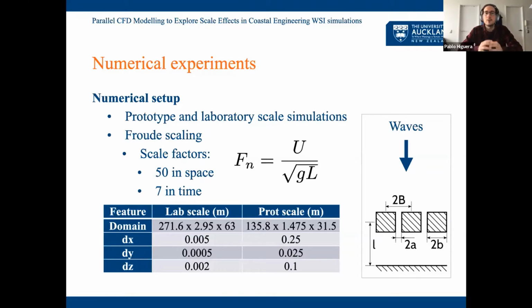So that means that if we blow everything 50 times in space, all the cells will have 50 times the size of the small scale. We need only to increase time by 7 times. So it's kind of a not balanced way to scale everything, but it is how it is.